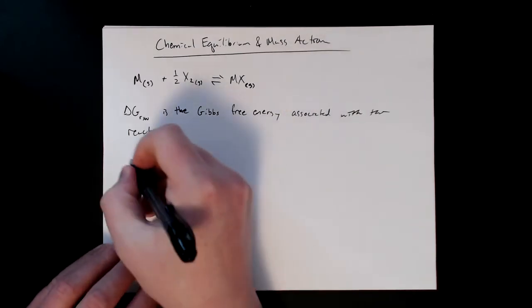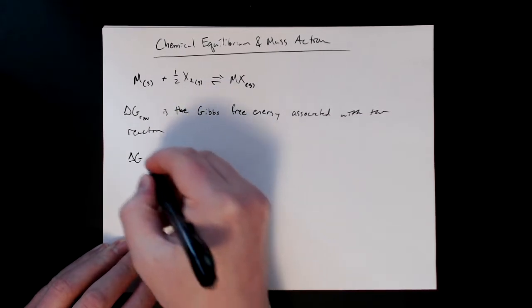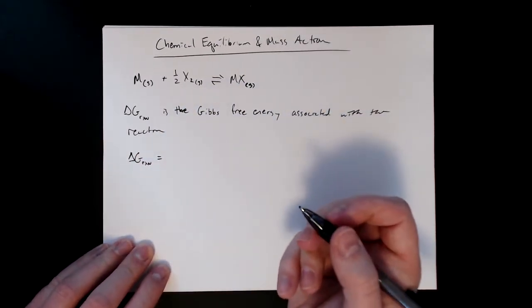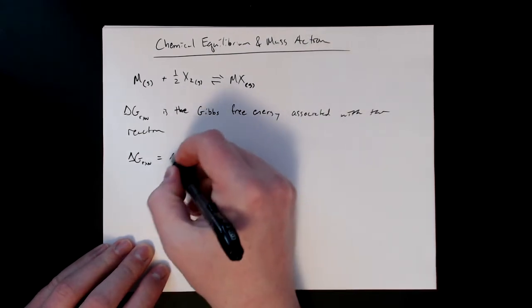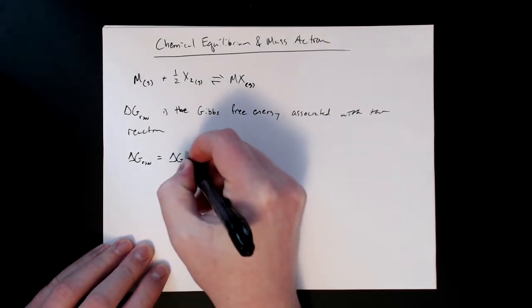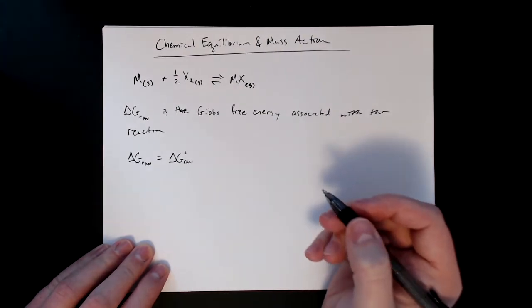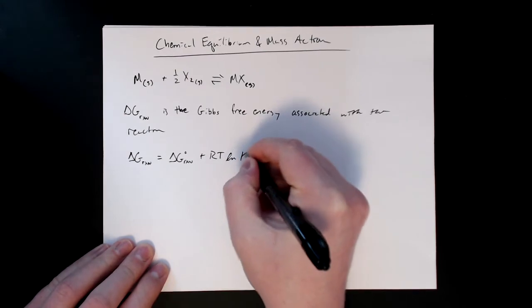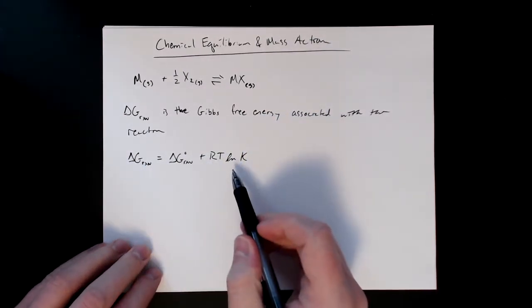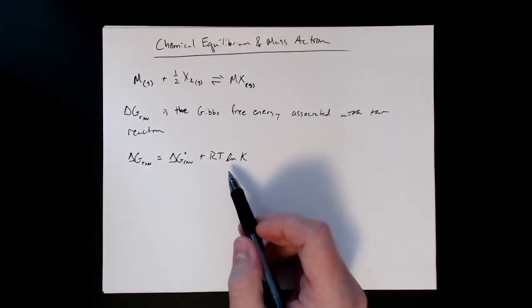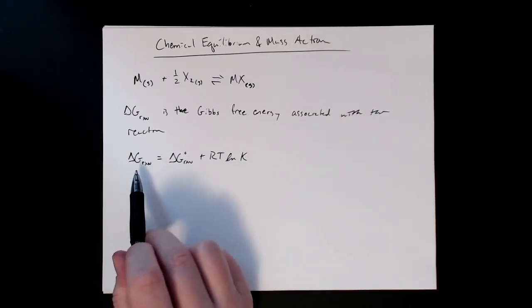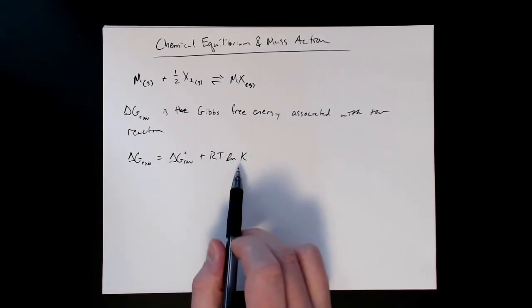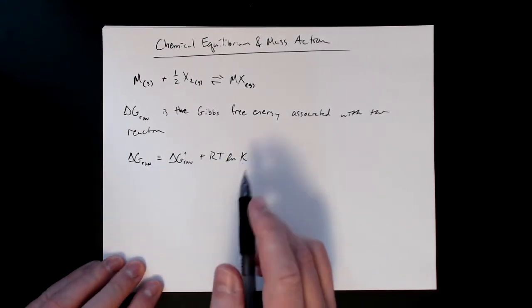And so we can write the change in Gibbs free energy for this reaction, like we saw for chemical potential, as the change for its standard state components plus RT natural log of K. So this is similar to what you saw for chemical potential, but we're using the reaction Gibbs free energy, and then we introduce this term K.